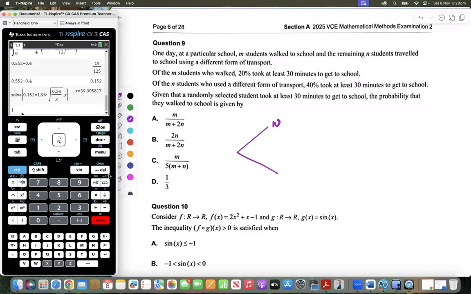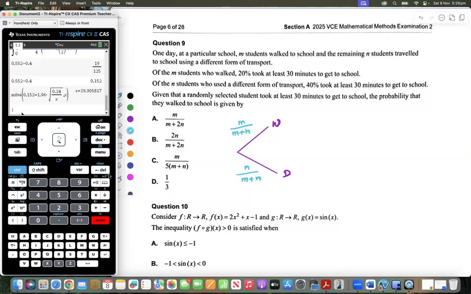The second branch is you're not walking, a different transport method. So M students walking, and in total there should be M plus N students. So this branch has to be M divided by M plus N, and the second branch has to be N divided by M plus N.